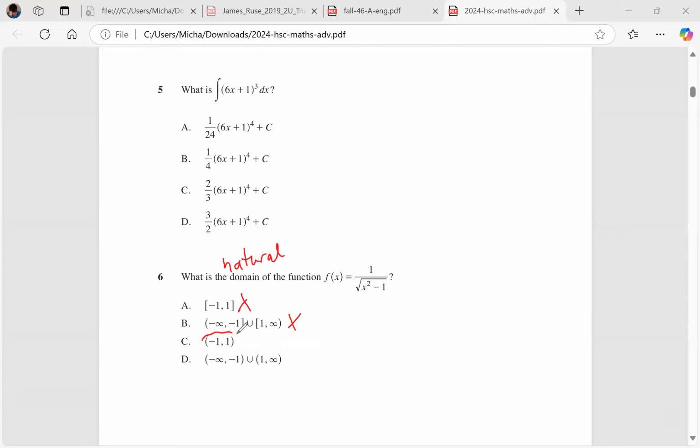So the smaller one, that's interval notation, will give you negative numbers, because if you have a quarter minus 1, you get a negative number. So the bigger ones, when x is bigger than 1, will give you positive numbers. So did you guys get 6D? Yeah.